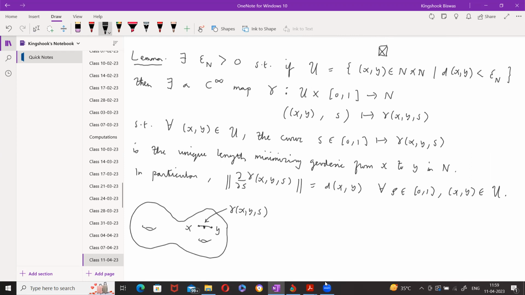The reason this is true is that if the distance from y to x is small enough, less than what's called the injectivity radius of the manifold.